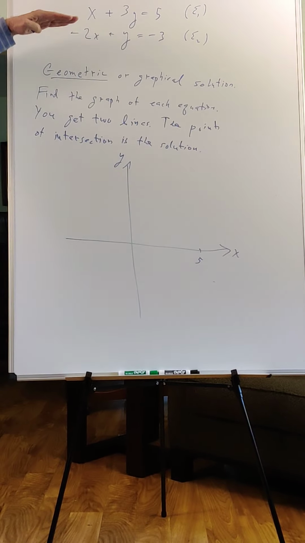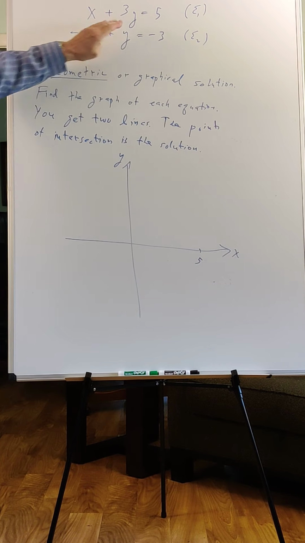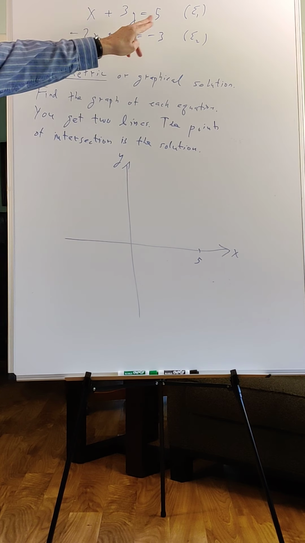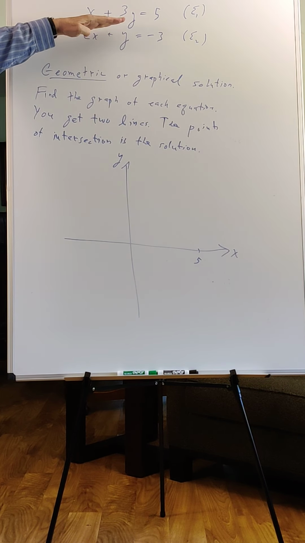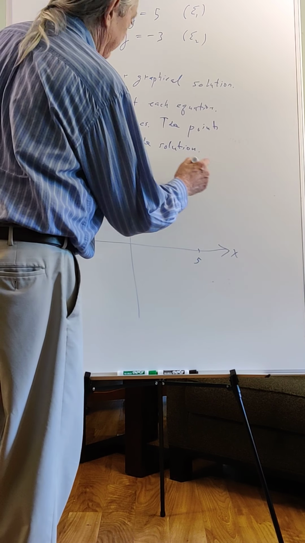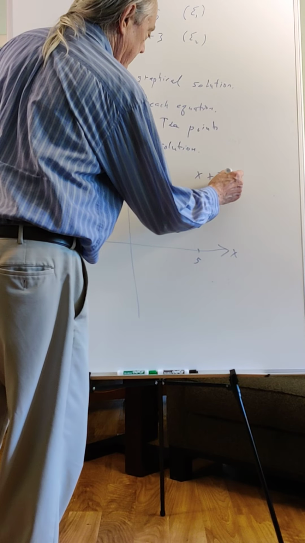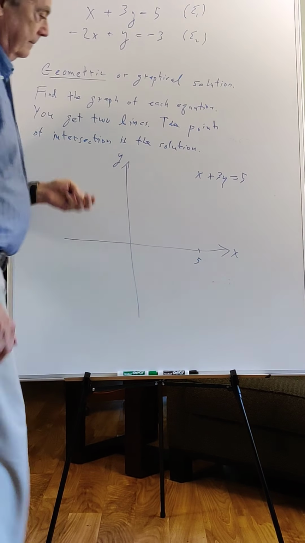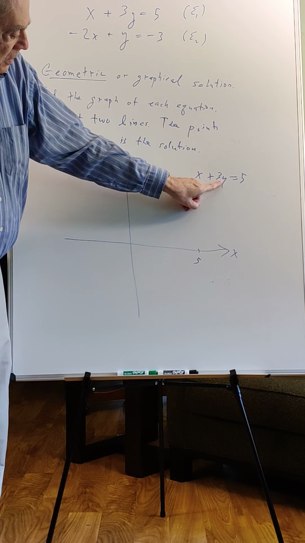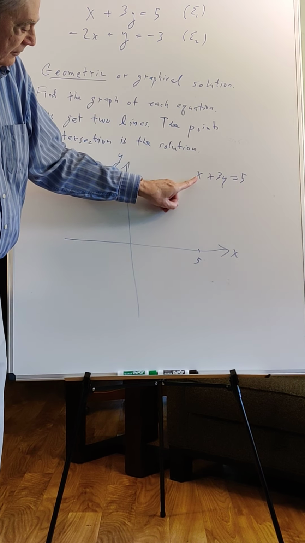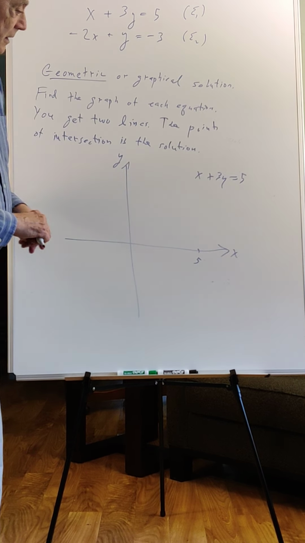Now I'm going to go through this quickly because I only like my videos to be 15 or 20 minutes long. I'd take more time if we were still at AUN. Look at equation 1. Its graph is a line. We only need 2 points to determine a line. The simplest way to get the 2 points is to assign y the value 0, and that says x will have to be 5.